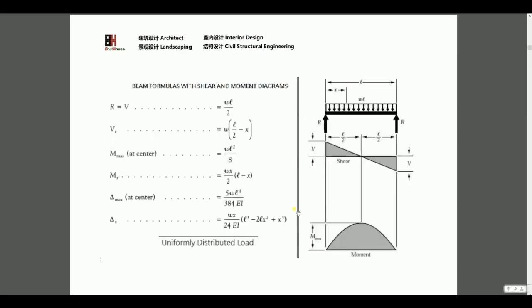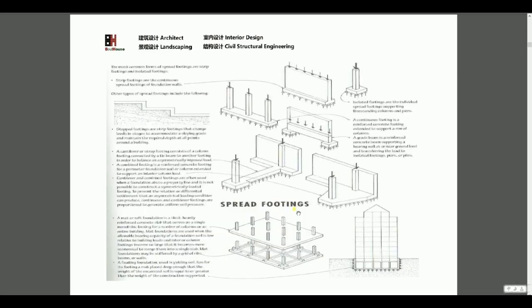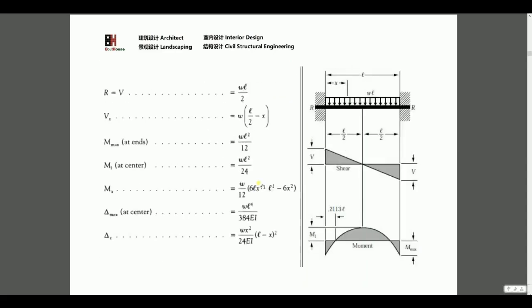That's the foundation. There are several kinds of foundation types. We have the shallow foundation, meaning the footing and the strap footing. We have the foundation wall combined with some footing. This is usually used for the basement.